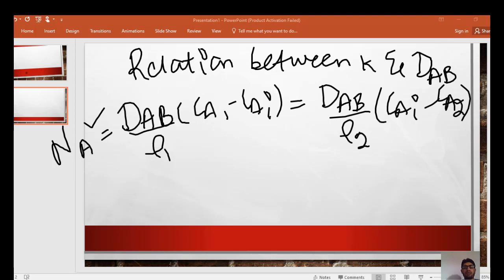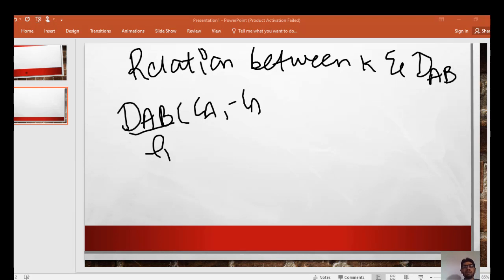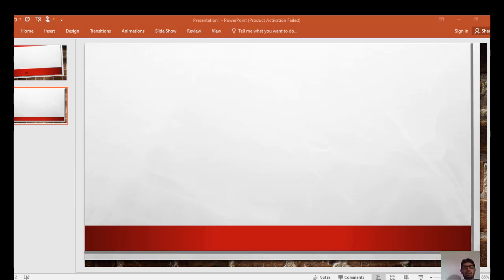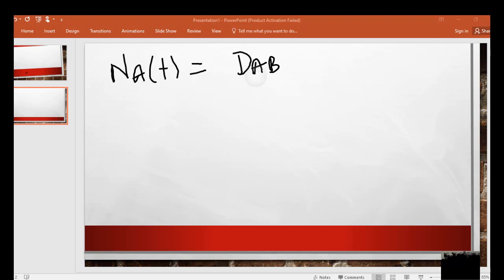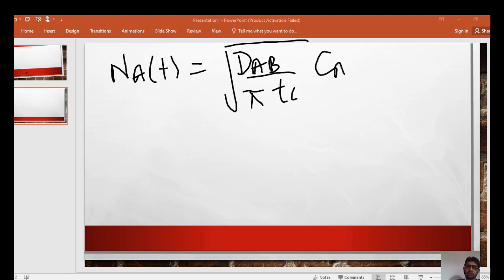Similarly, from the penetration theory, we said that the molar flux of component A is equal to the diffusivity of component A and B divided by pi, which is 3.14, and the contact time, and change in the concentration of A, which is Cai minus Cab, concentration of A at the interface and in the bulk.